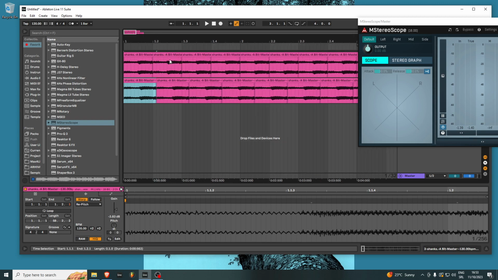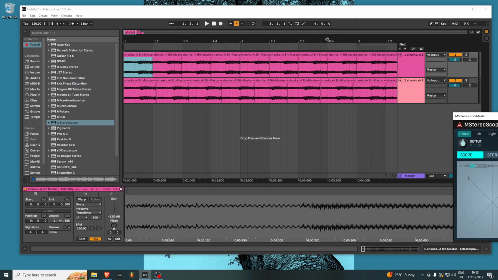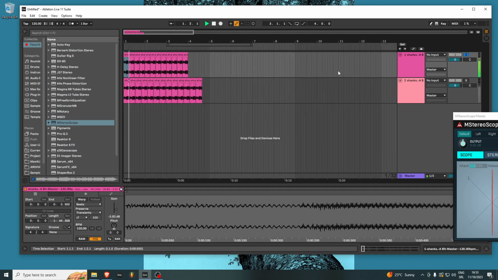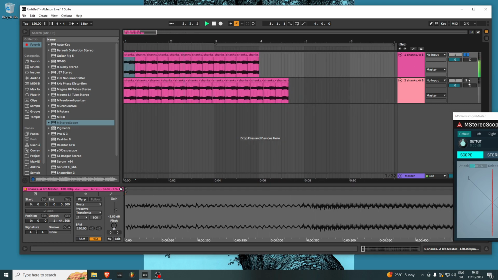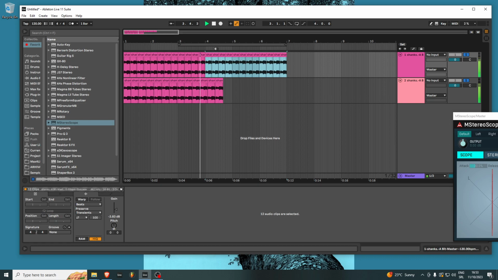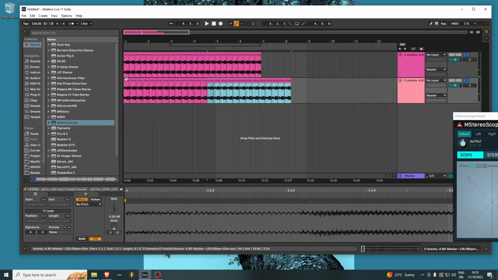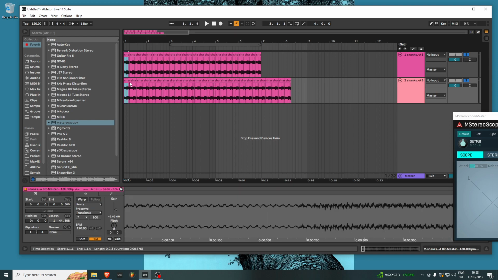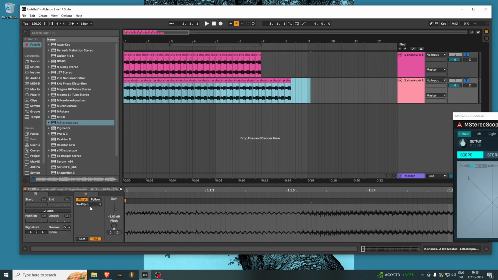So if I were to play it, let me play this thing. Okay, so at this point you can hear it getting offsetted by the 32nd note. The problem is that it's out of pitch here.